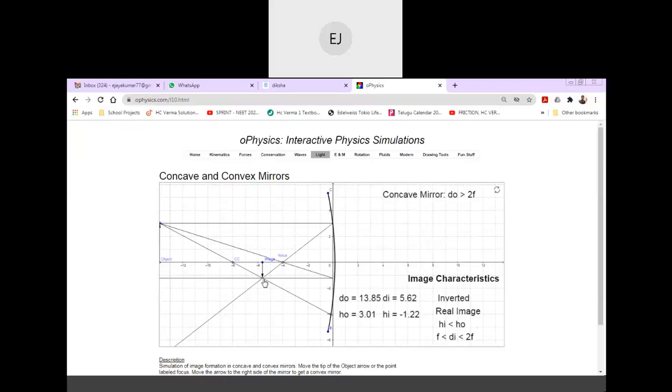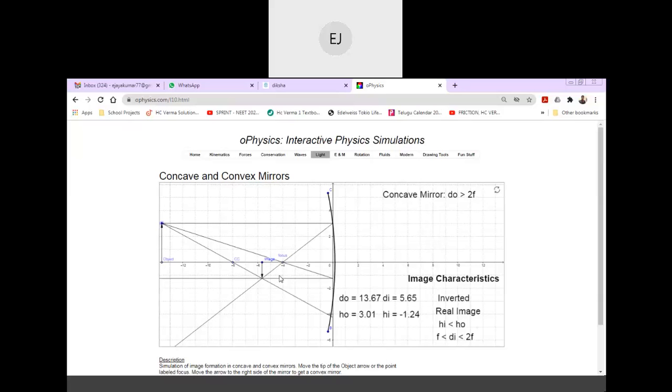The image is real because an actual meeting of the reflected rays is taking place.